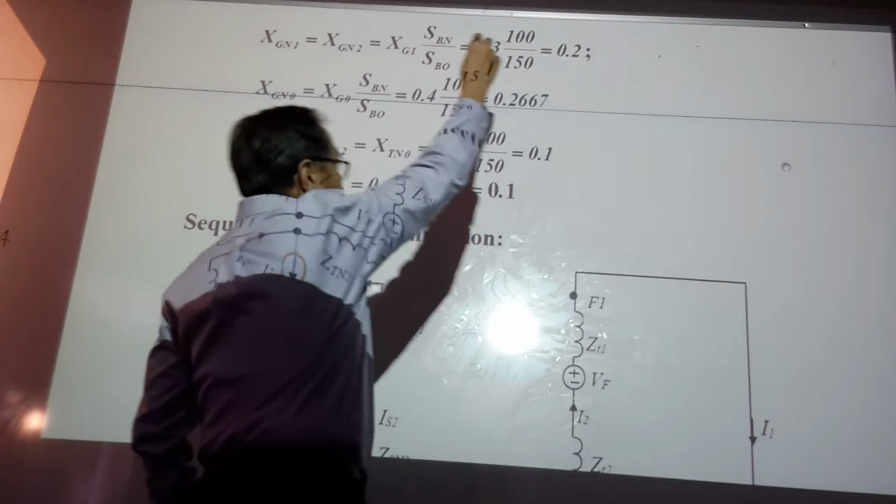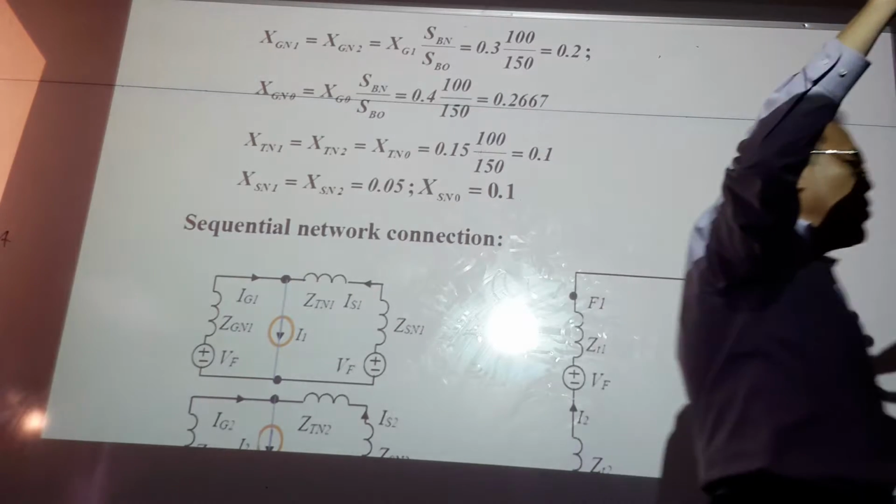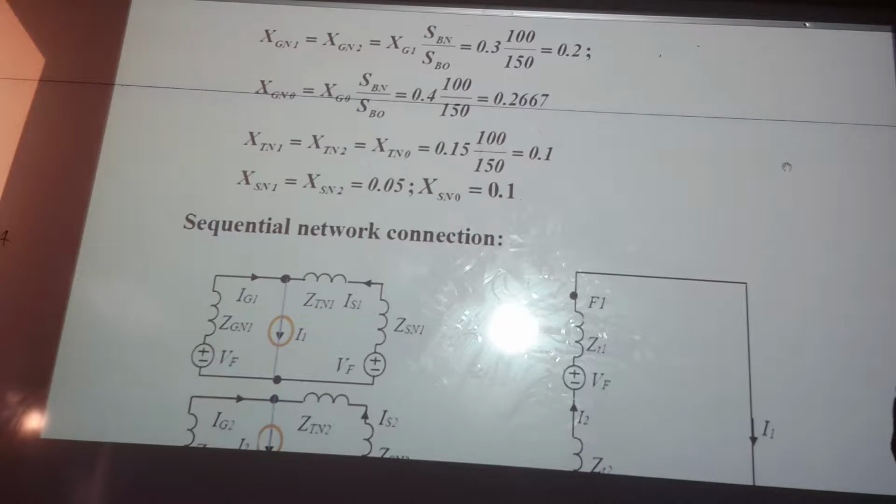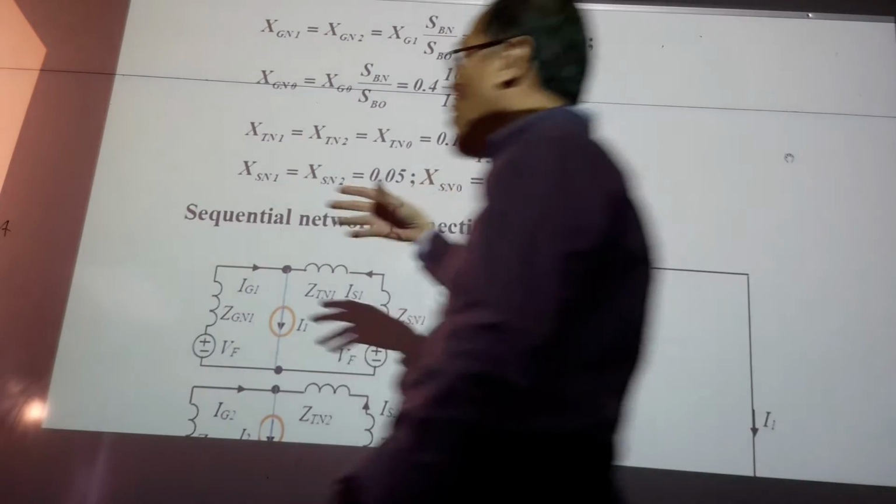But these two devices, the values need to be adjusted. Adjust by what? Here, our formula is BV squared old over BV squared new. But the BV old and new no need to multiply because they are both the same. V1 old is 33, V1 new also 33. This is the old value.